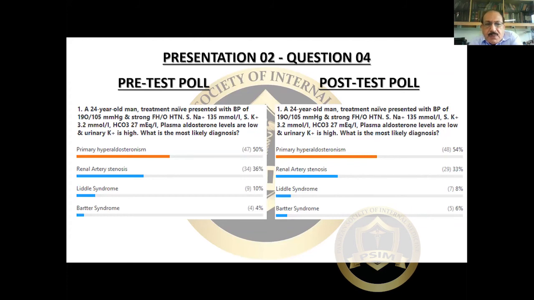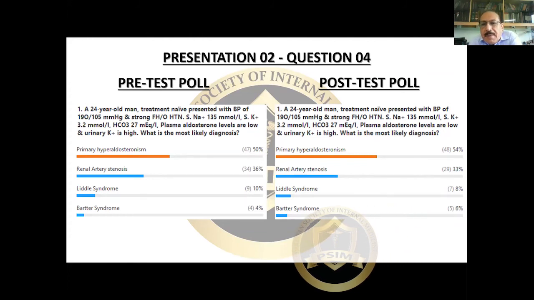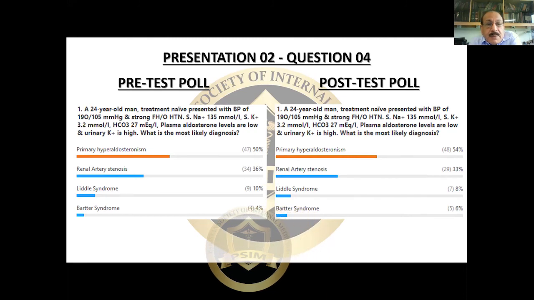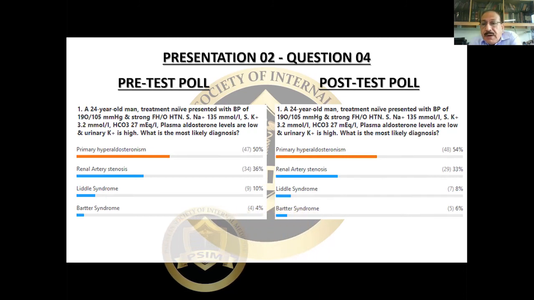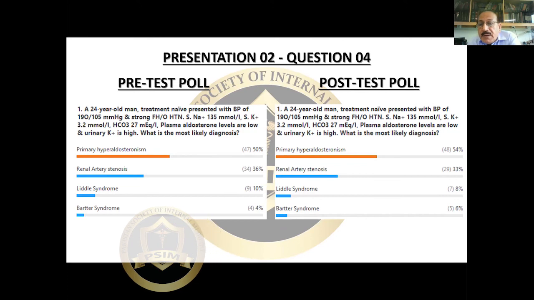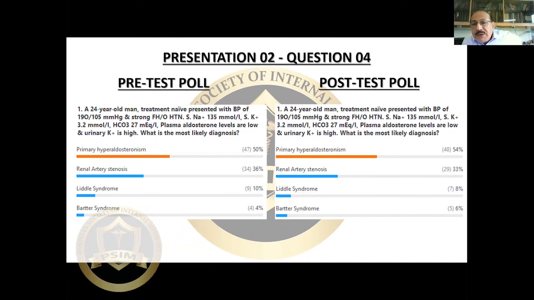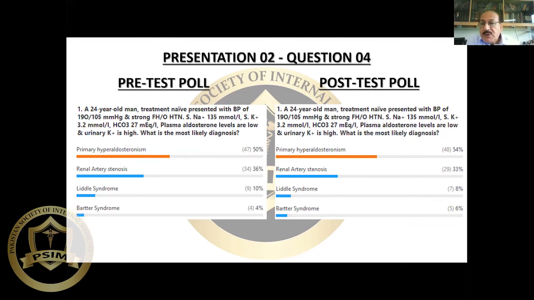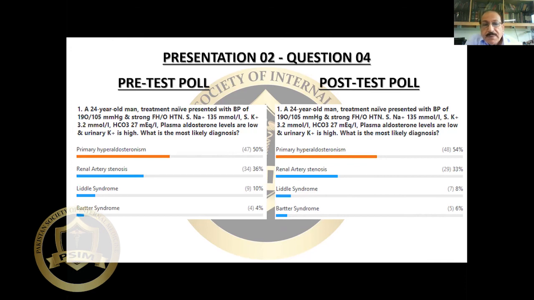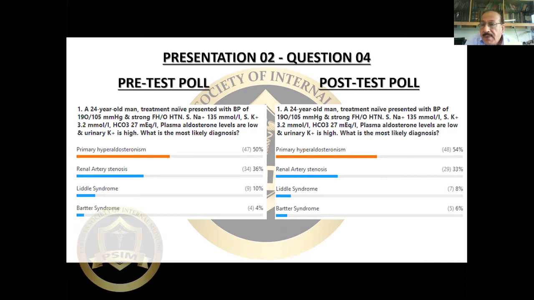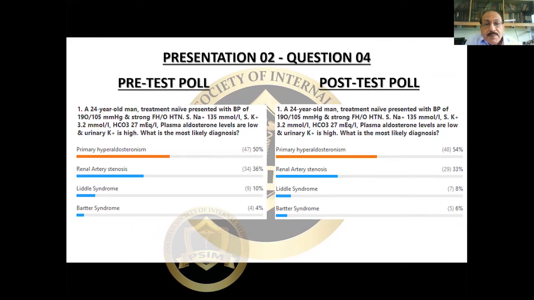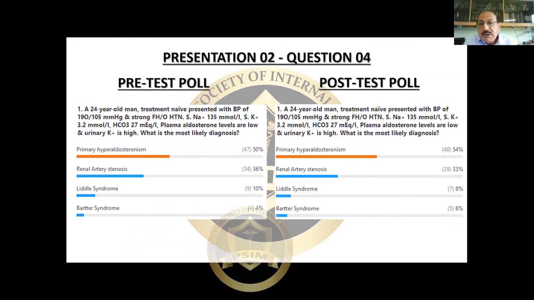Just give me a minute to expand a little bit on this. You see, if you are dealing with a case of a new patient with hypertension, you must always look at the electrolytes, particularly potassium, sodium, and bicarbonate. If you have alkalosis and you have hypokalemia, then you must rule out these 4 conditions.